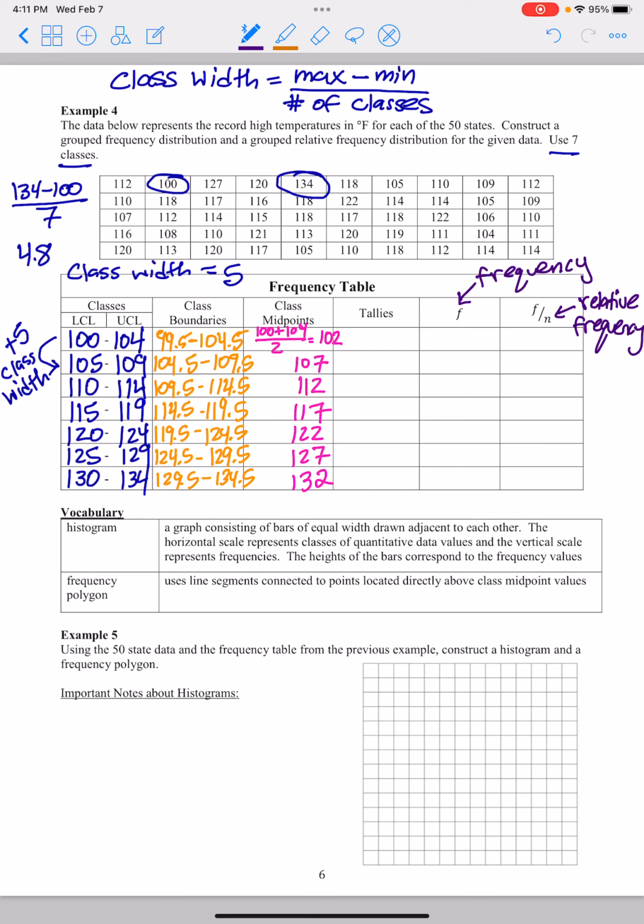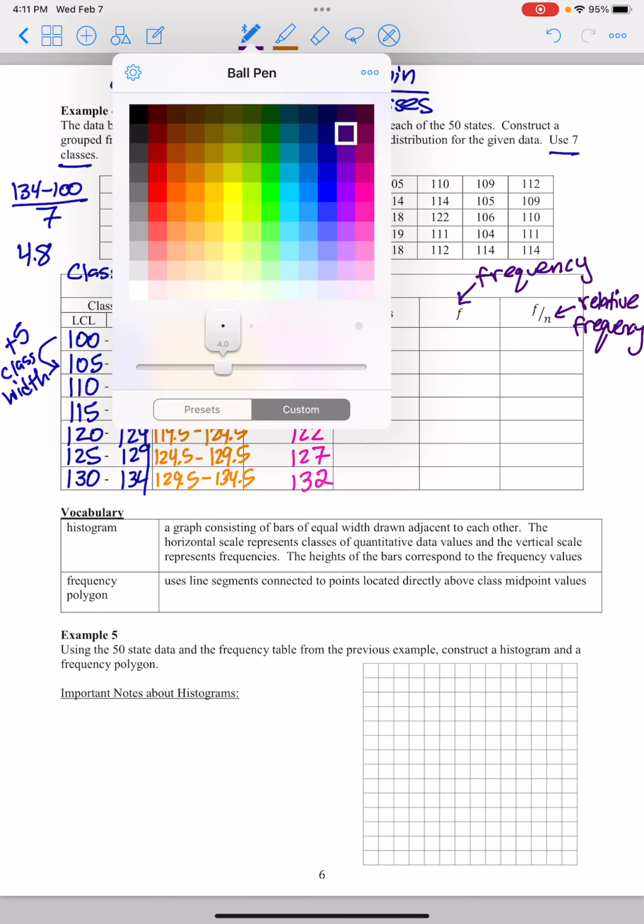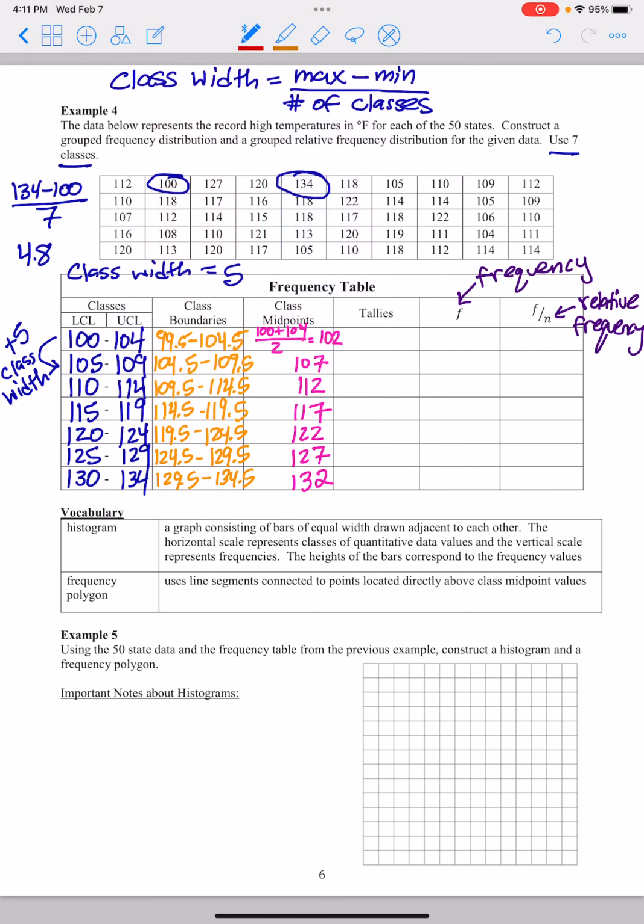For our purposes of our notes, I put all of them into one big table so that we could talk about all of the different aspects, but the ones that are required for a frequency table are going to be this first column, and then one of these frequencies, whether it's a frequency table or a relative frequency table. The tally column is there simply to help you kind of organize your counting of the different values.